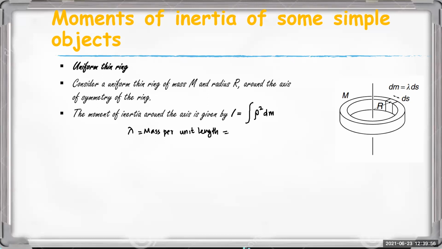Then the total mass of the ring is equal to m, and what will be the length of the ring? To obtain the length of the ring, if its radius is r, then the circumference must be equal to the total length, it is equal to 2 pi r.